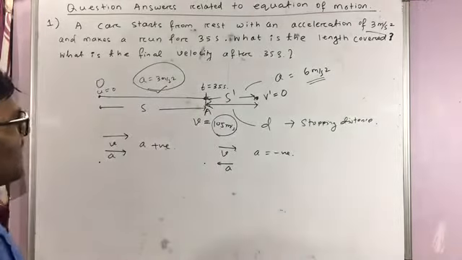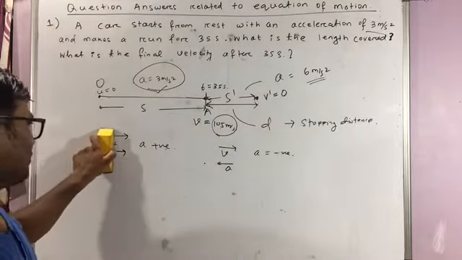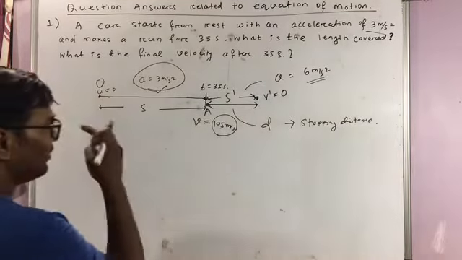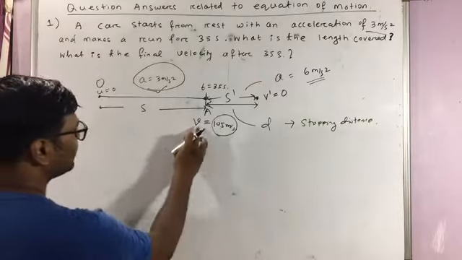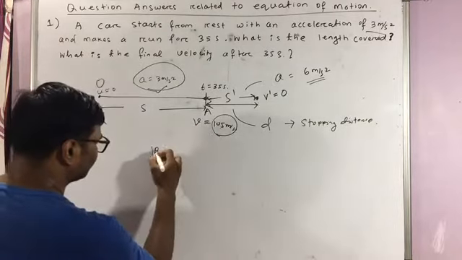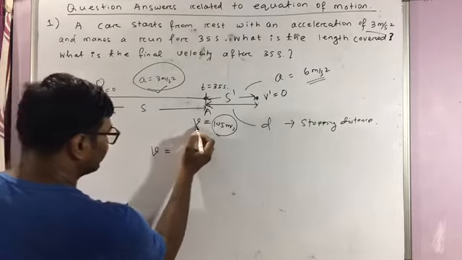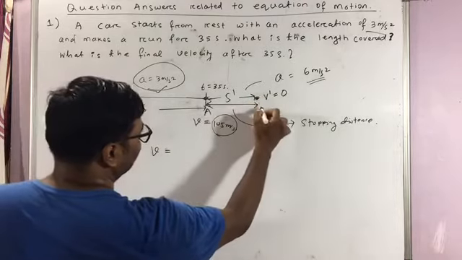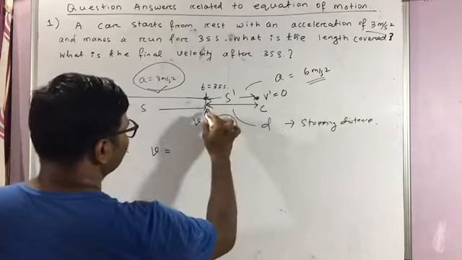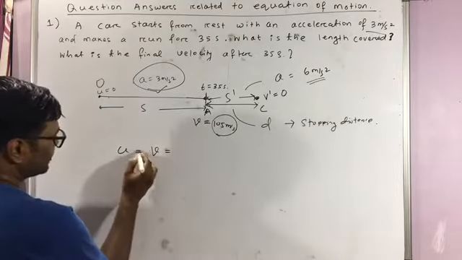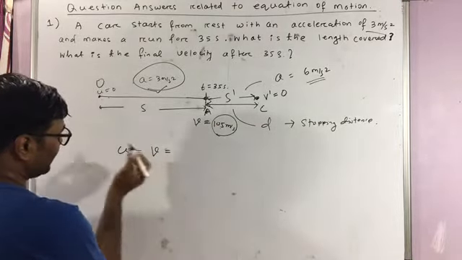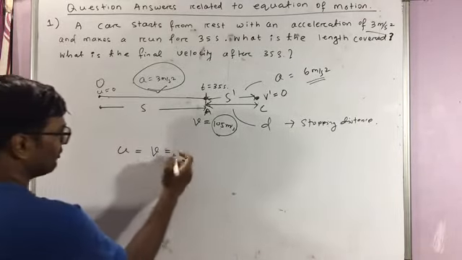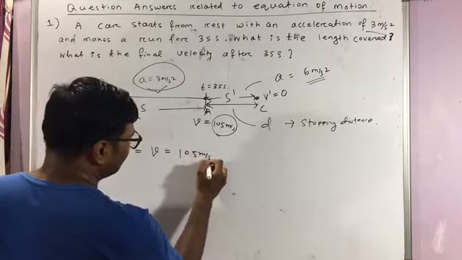Now let us calculate the stopping distance. The question asks us to calculate the stopping distance. You see your initial velocity is given. For this part, between A and C, the initial velocity, which is in general taken as the symbol u, is 105 meter per second.